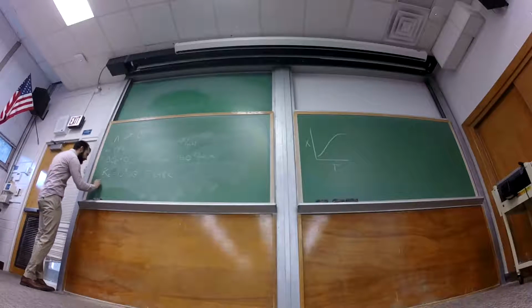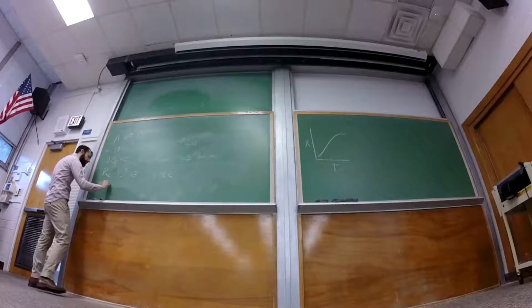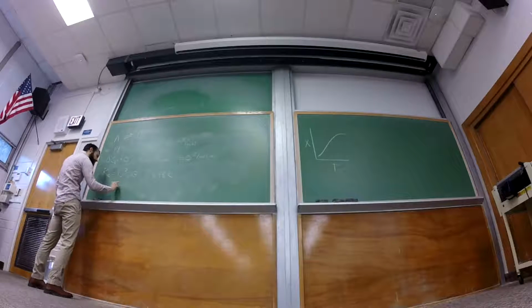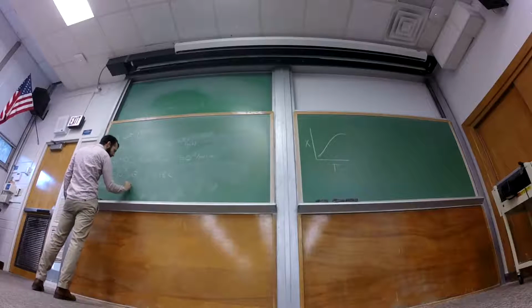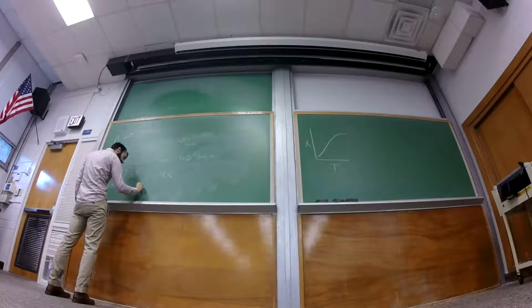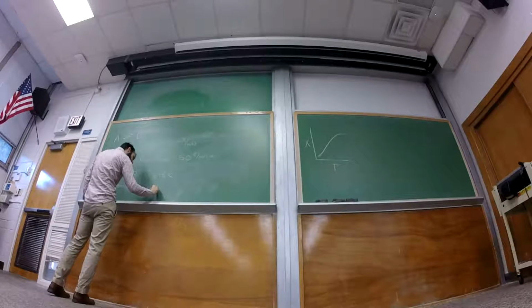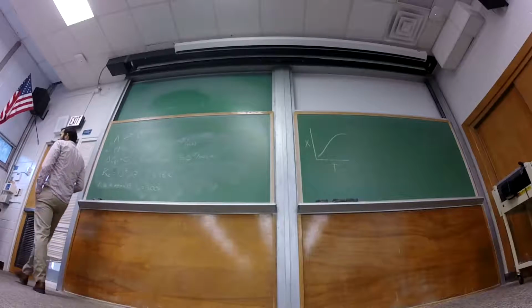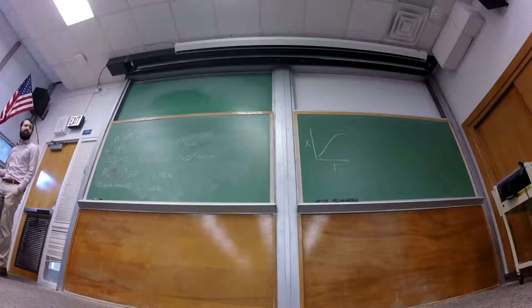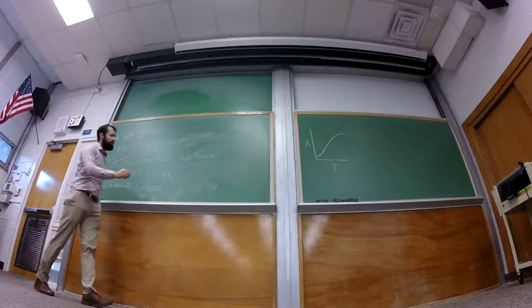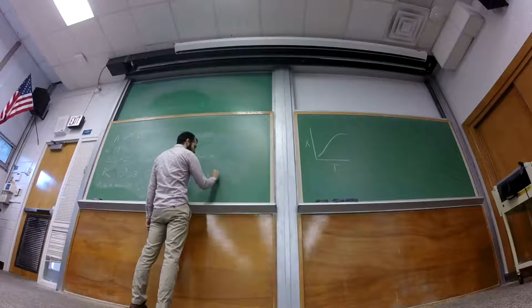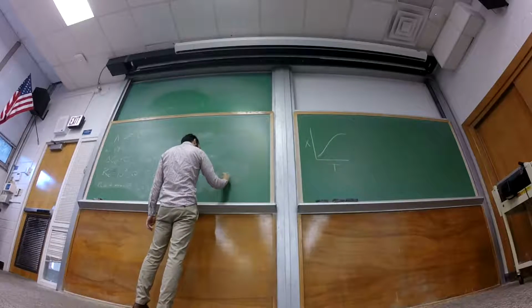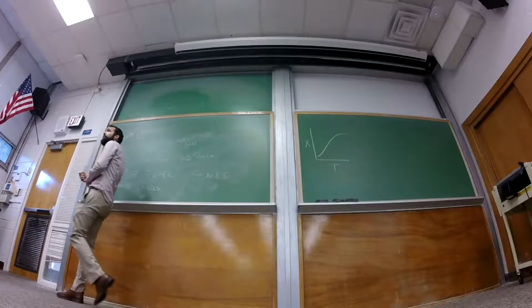We have a pure A feed, and it's feeding at a temperature of 300 Kelvin. And we're asked to find the equilibrium conversion and temperature.